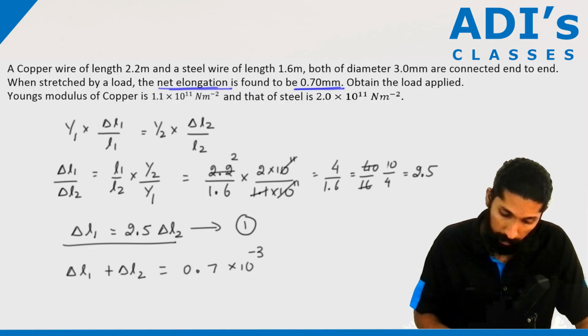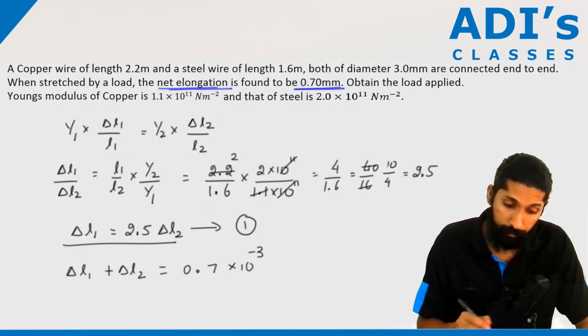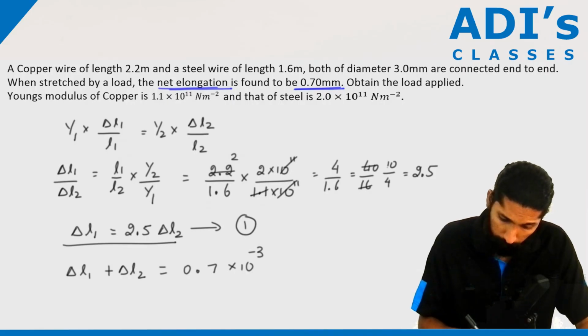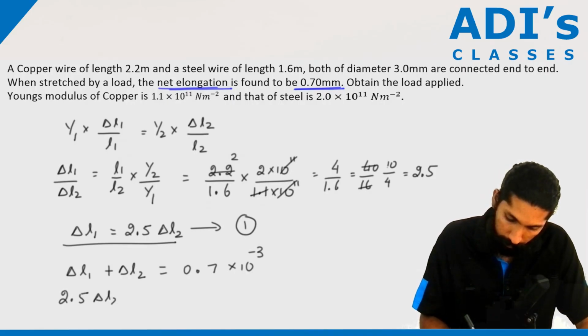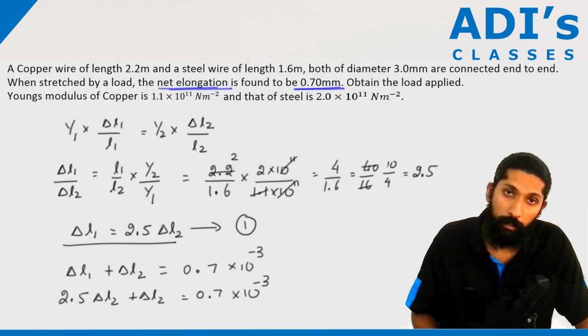Now substitute the value. Delta L1 is 2.5 times delta L2. So 2.5 into delta L2 plus delta L2 is equal to 0.7 into 10 to the power of minus 3.